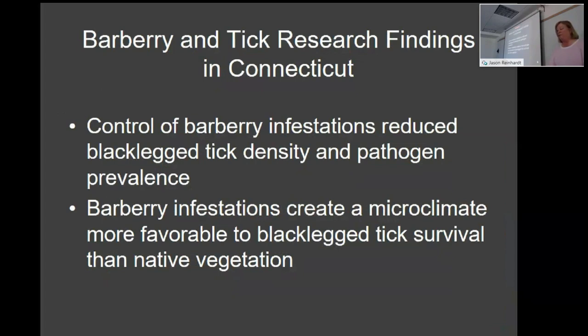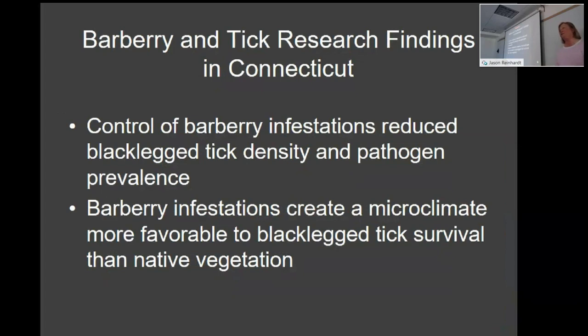Another difficulty with barberry infestations is that blacklegged tick densities increase in barberry infestations. So in Lyme, Connecticut, where Lyme disease was first described, researchers looked at plots where in some of the plots they removed the barberry, and they compared it to plots where barberry was left intact.